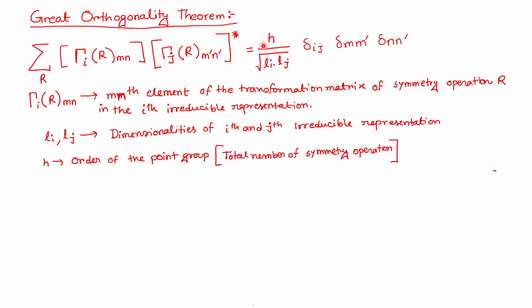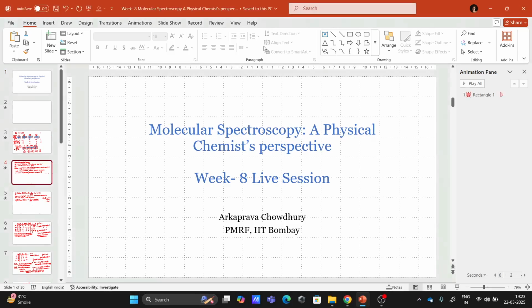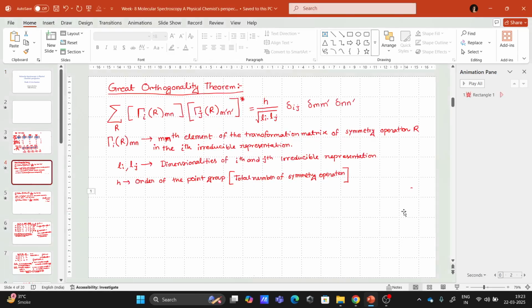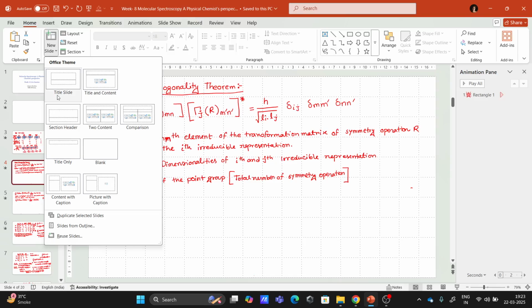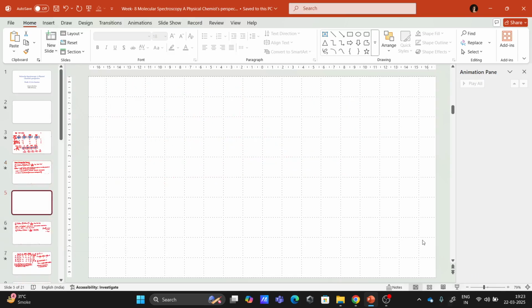C3v, there is C3, E is there, then C2, no, not C2. Think of it as an NH3 molecule. Let me draw it.